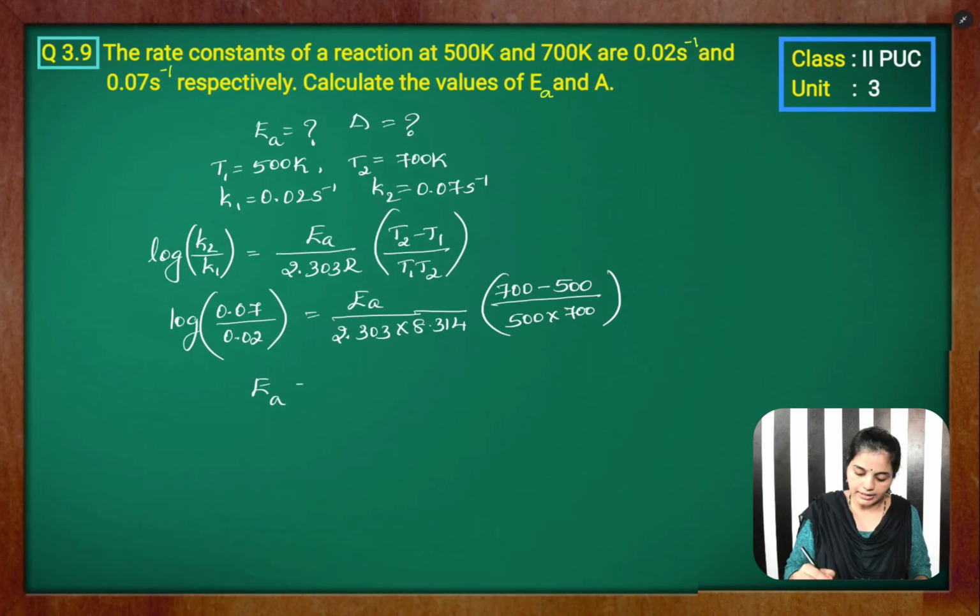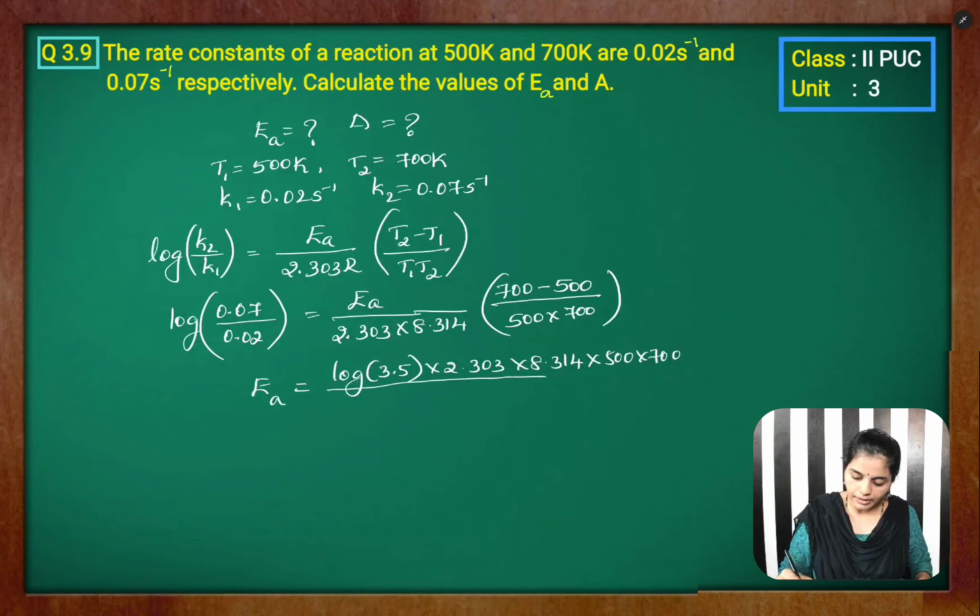Simplifying this, EA is equal to log of 0.07 divided by 0.02, which is 3.5. So log of 3.5 into 2.303 into 8.314 into 500 into 700 divided by 700 minus 500. Now let us simplify this.